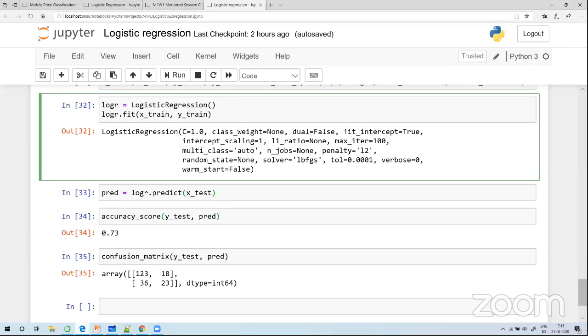Okay, let me take a pause. Any questions on this so far? Are you able to really understand what happened behind the scenes in logistic regression? Do you think that's informative?